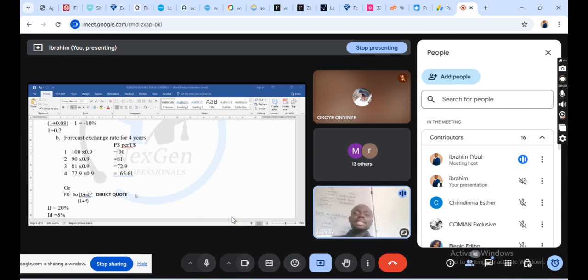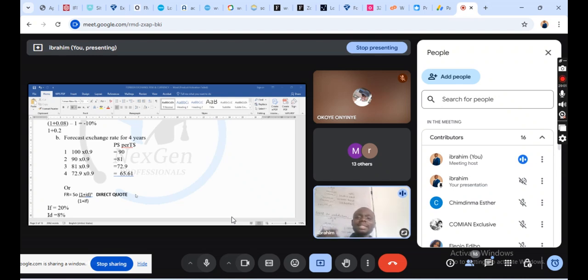Now, if it is a direct quote, since the Nigerian currency is not among the stated spot rate, what will be the forward rate? You've already calculated your depreciation to be 10%. Your spot rate should be decreasing because of that depreciation of 10%. Or you could say, I don't want to stress myself with direct quote or make a mistake.